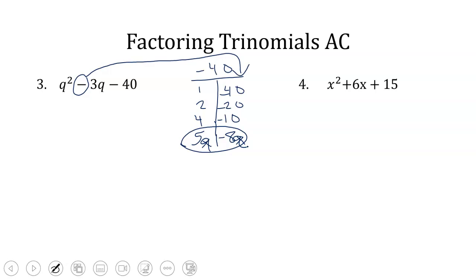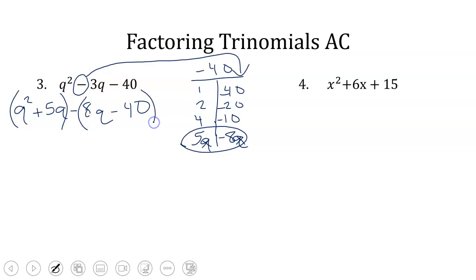All right, so instead of negative 3Q, we're going to write our two new numbers. So rewrite our equation. So Q squared plus 5Q minus 8Q minus 40. Group them. Group the first two.